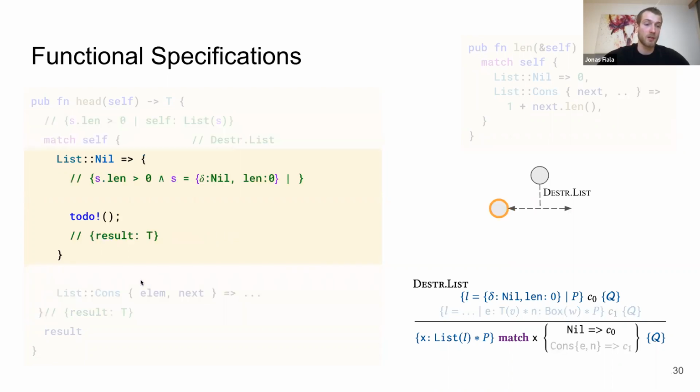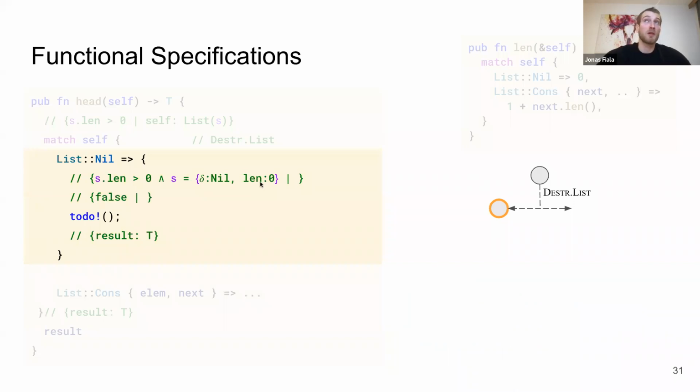First, let's take a look at the nil case. Here we keep the fact that the length of the list is greater than 0, but we also find out that the discriminant is nil and the length is 0. You might notice that this leads to a contradiction, because we're saying that the length is greater than 0, but also that it's actually 0.